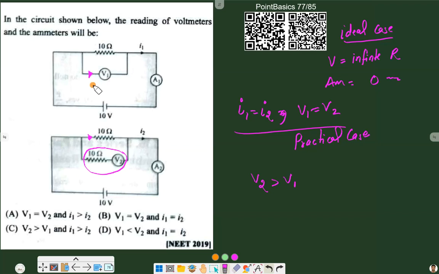And what we can do now is take the parallel combination. Suppose the resistance of the voltmeter is X, so the combined resistance of this circuit will be 1 by 10 plus 1 by X, and the combined resistance of this circuit will be 1 by 10 plus X of 1 by 10. Now we solve it.